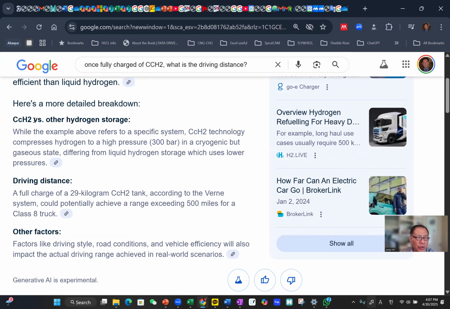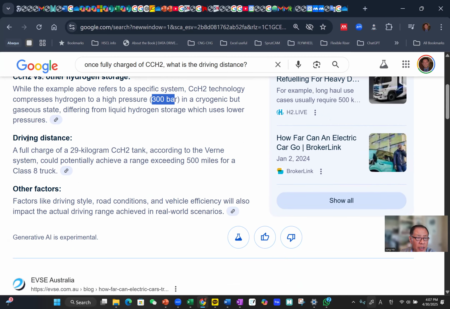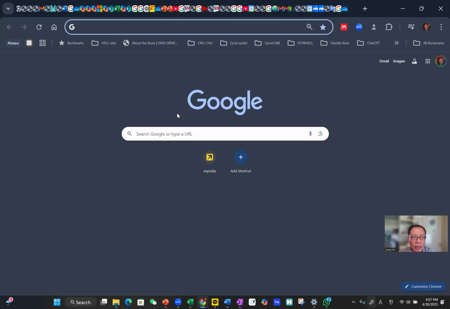So CCH2 versus other hydrogen storage: again, the CCH2 still needs to be compressed, like 300 bar, in a cryogenic state. So the driving distance can be 500 miles. Let's get the precise value.